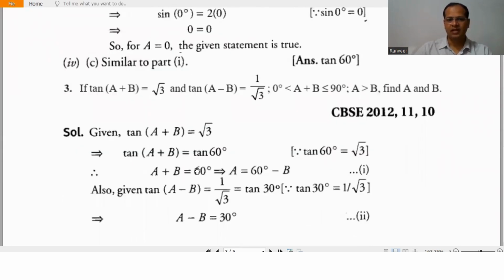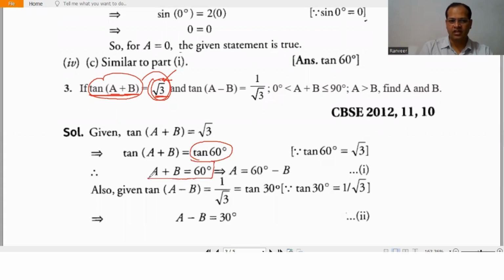Now question number third is very very important. Now in this question number third, tan(A plus B) equal to root 3. So left side is our trigonometric angle, but on the right hand side root 3, so you have to convert this root 3 in the tan format, so that we can write tan 60. So A plus B equal to 60 degree, this is the first equation. Similarly tan(A minus B) equal to 1 by root 3, so this is A minus B is equal to tan 30 degree, that is A minus B equal to 30 degree.